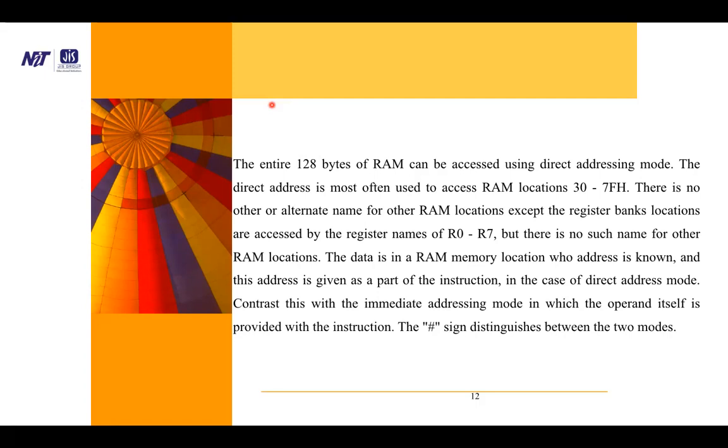The data is in a RAM memory location whose address is known, and this address is given as a part of the instruction in the case of direct address mode. Contrast this with the immediate addressing mode, in which the operand itself is provided with the instruction. The hash sign distinguishes between the two modes.